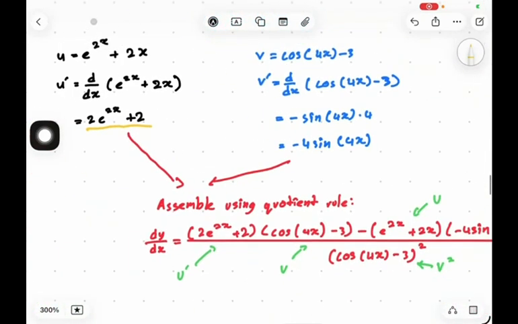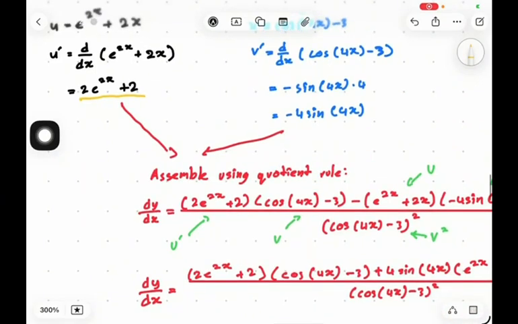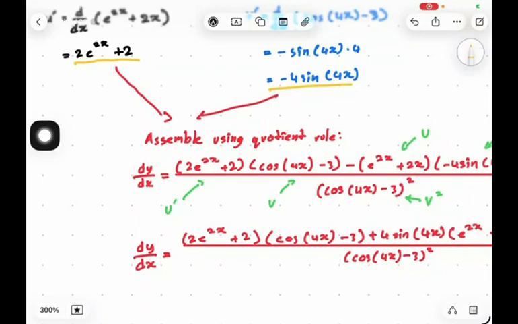After we got both v prime and u prime, we just assemble using the quotient rule.